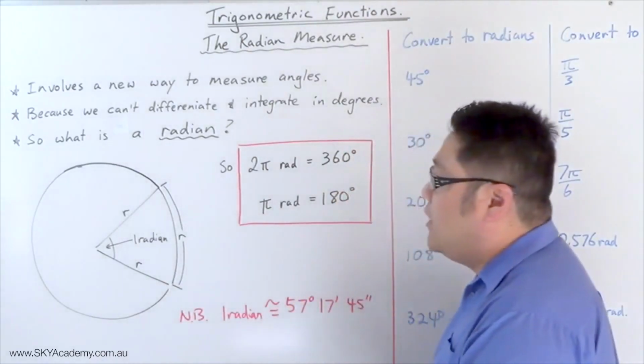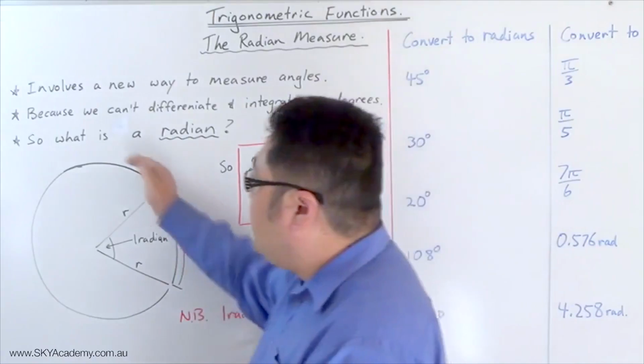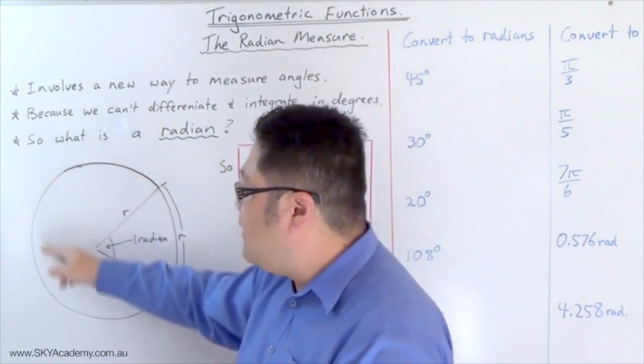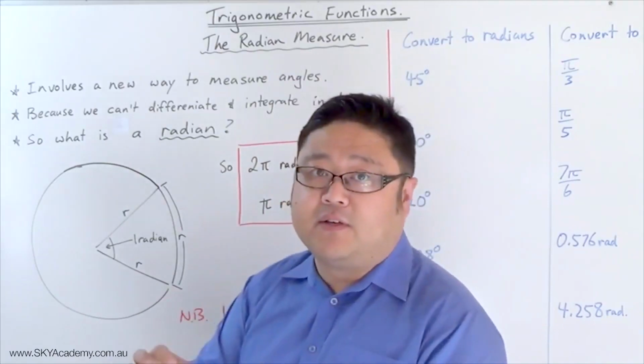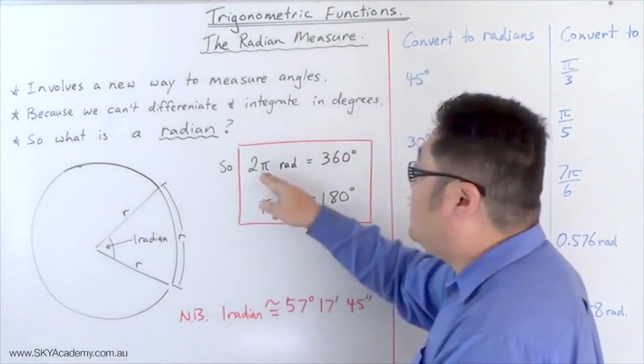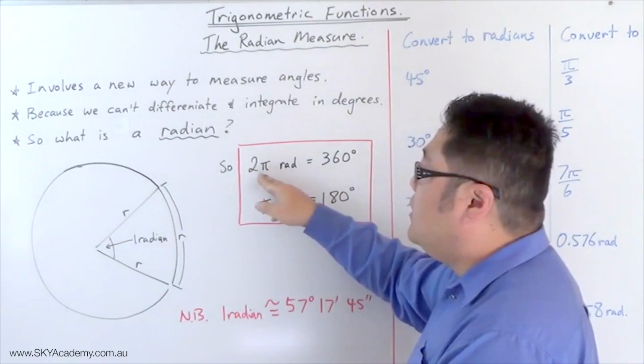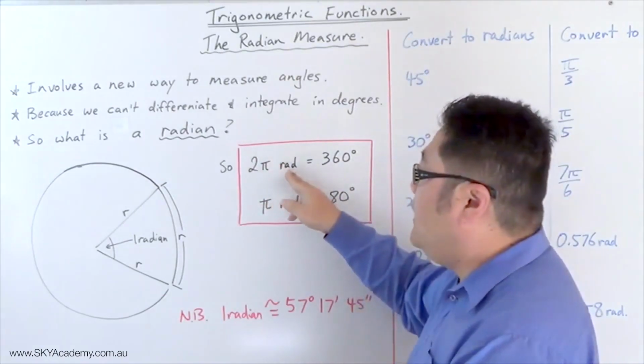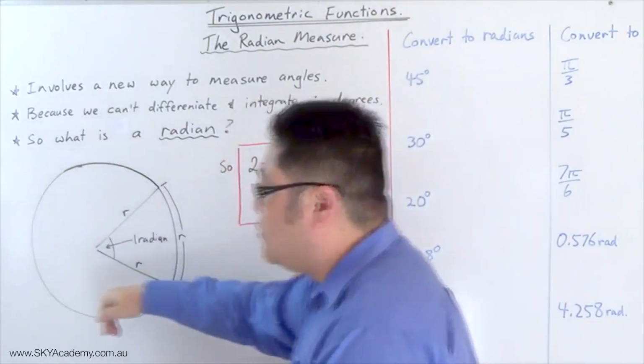So how many radiuses are there in the circumference of a circle? Obviously, it would be 2 pi r, so you've got 2 pi radiuses, or 2 pi radians, in the whole circle.